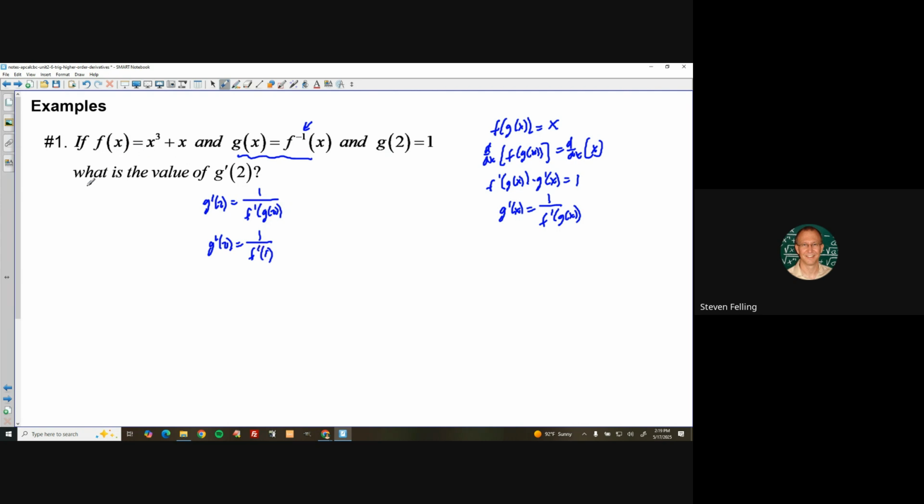They gave me f, which is x cubed plus x, so I could take the derivative, 3x squared plus 1, and evaluate that at 1 by plugging a 1 in here and getting a 4. So this actually would be 1/4 is the answer here. A fairly esoteric problem, but that's how you would solve that. You would need this extension of the chain rule for a derivative of inverses.